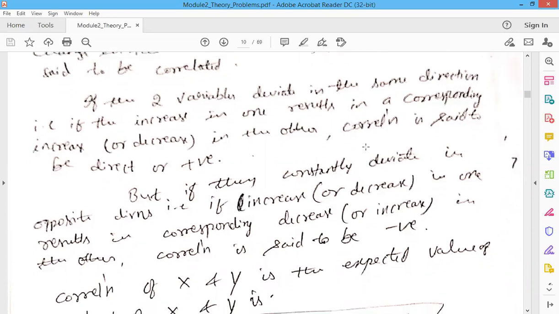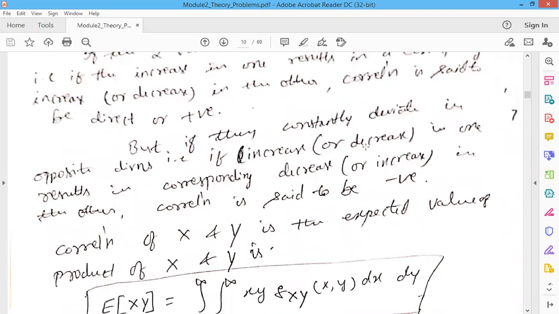In the second case, if one variable is increasing, it may result in a decrease of the other variable. That is nothing but we can say the correlation is indirect or negative. In other words, they constantly deviate in the opposite direction. Whenever this happens, we can say that the random variables are negatively correlated with respect to each other.